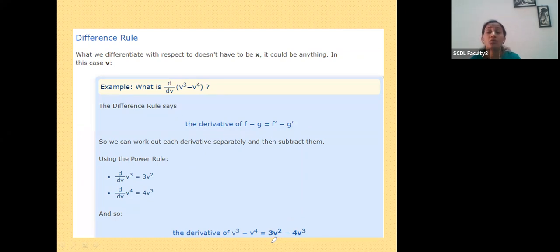Now here you can understand that when we go about solving derivatives, everything depends on the rules only. First we take the difference rule, and once we know it, we go with the power rule. Only then is it possible to find the derivative of the given function.